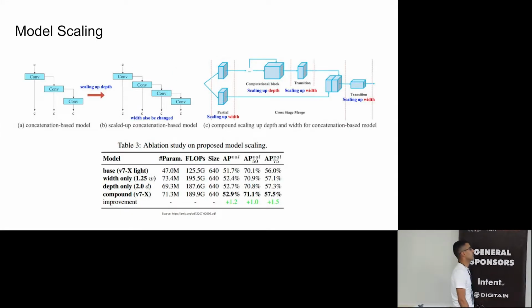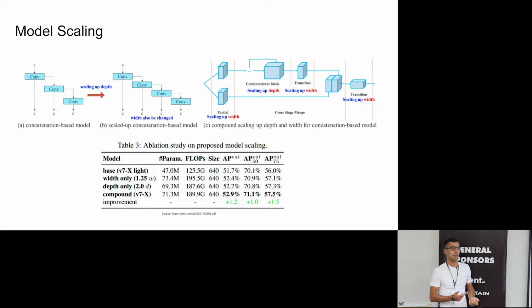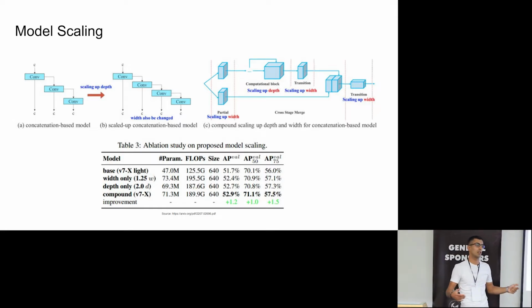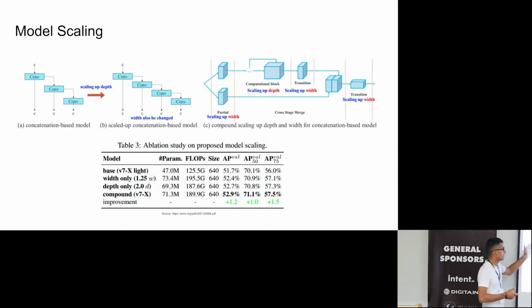Model scaling. As I said, there are 3 dimensions: width, depth, and input resolution. When we combine all of these dimensions, we call it compound scaling. They figured out that in concatenation-based models, when we want to increase the depth of the network, for example, we have 3 convolutional layers and we want to add 1 more, we have 4 convolutional layers.